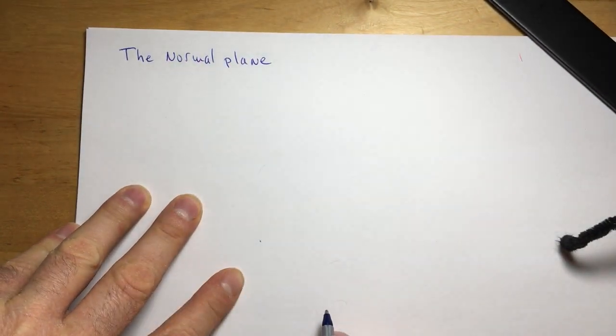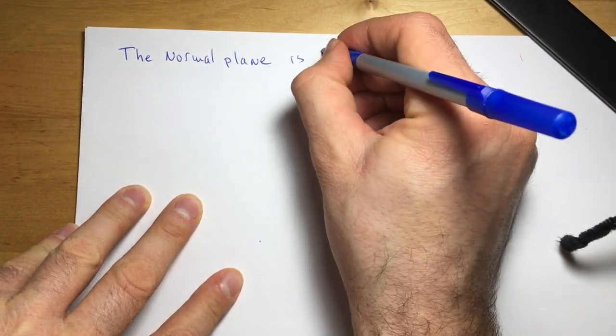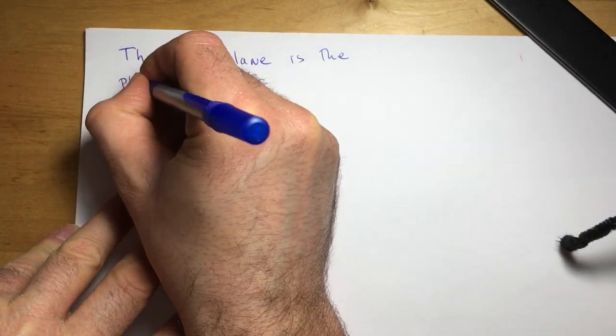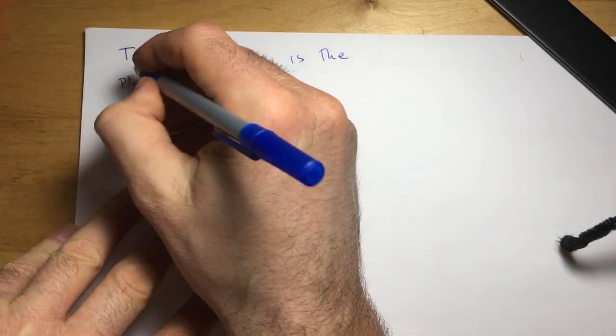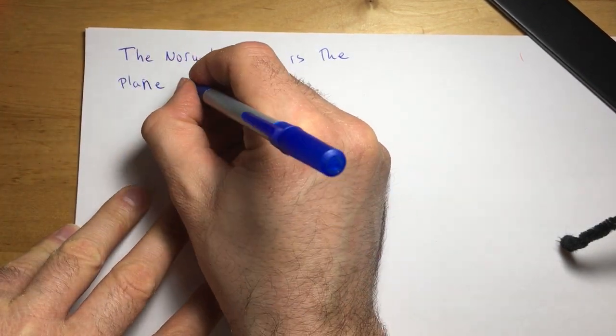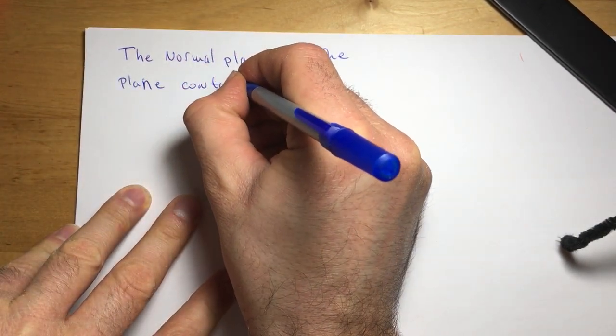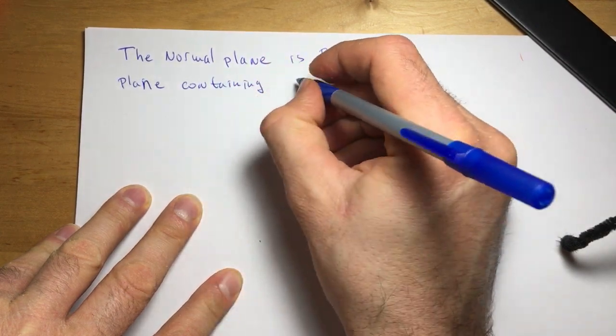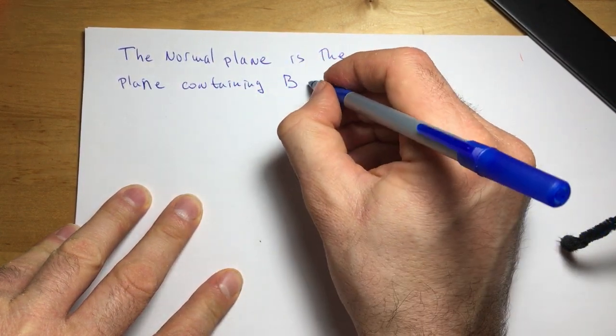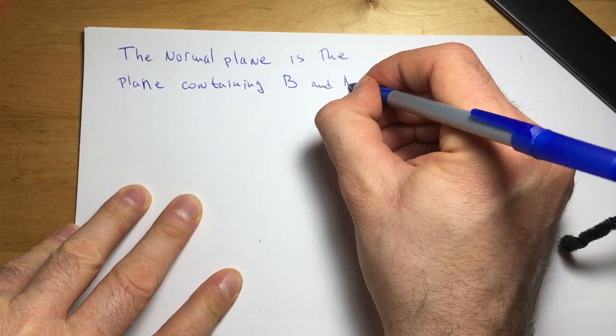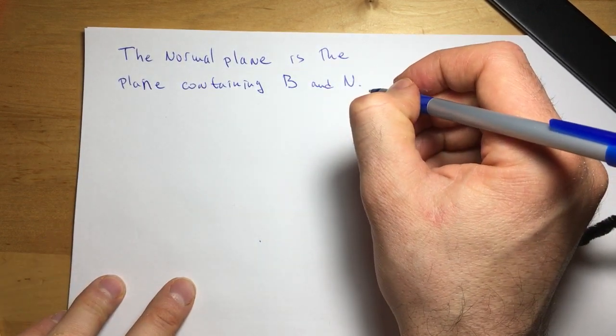The normal plane is the plane containing the binormal vector and the normal vector, okay?